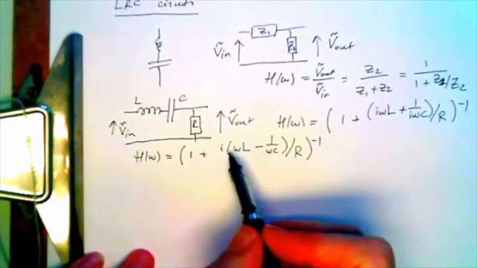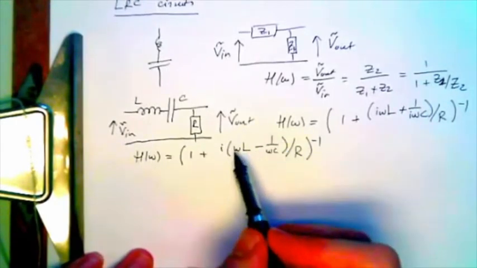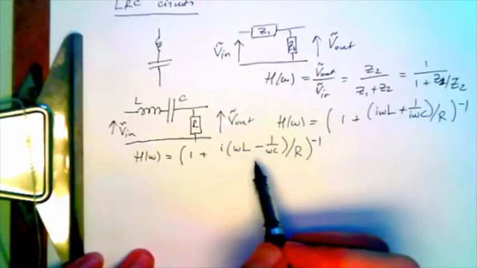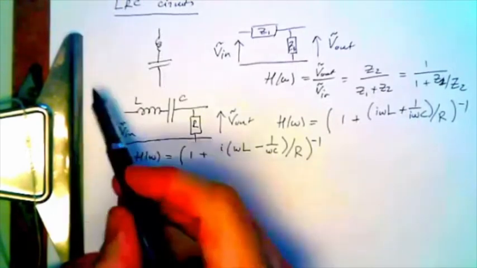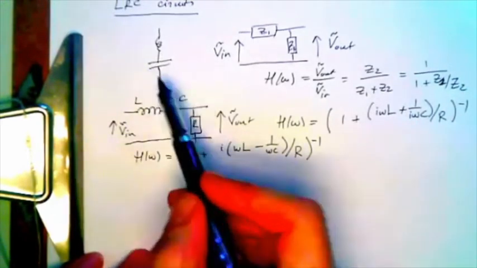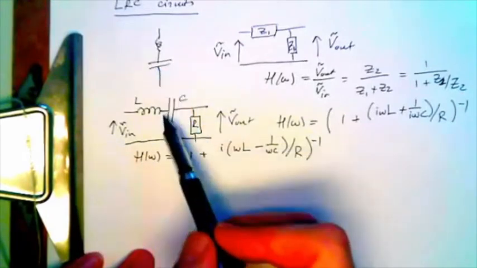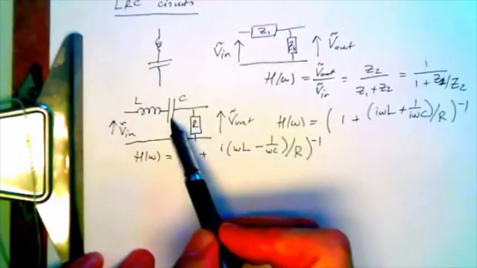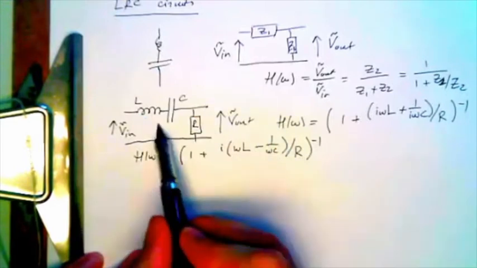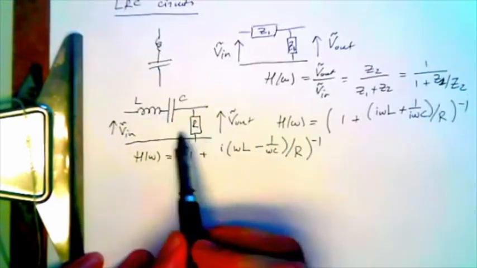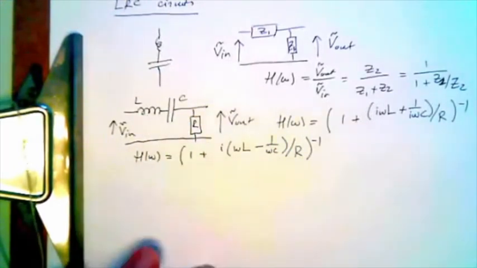And you see that this is still that resonant condition that we had for just the inductor and the capacitor, because that is still this impedance. That impedance still goes to 0 if you're at that very specific frequency where these two impedances exactly cancel.